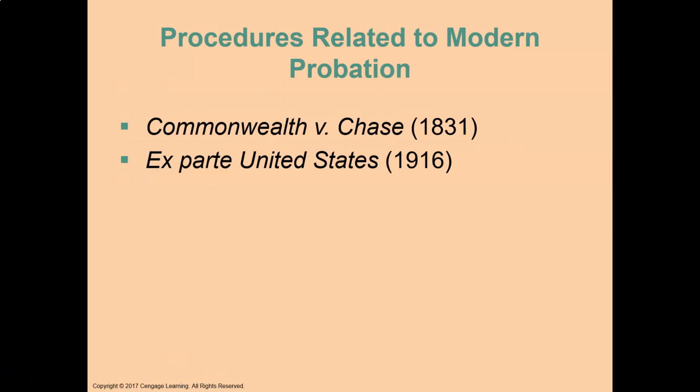So this Commonwealth versus Chase case gives kind of an example of what we call a suspended sentence. A suspended sentence is something that's still used today, and ultimately it is the definition of what probation is.